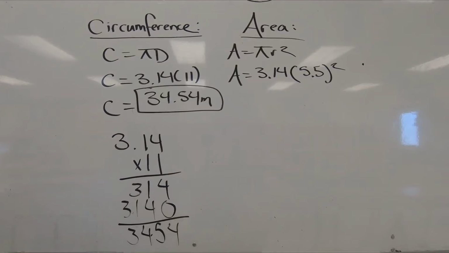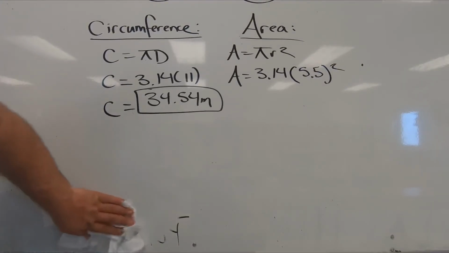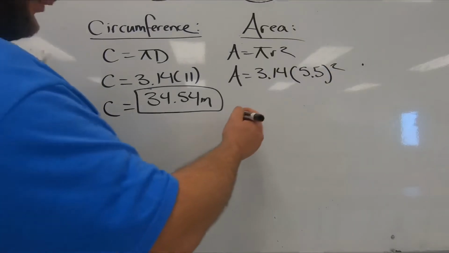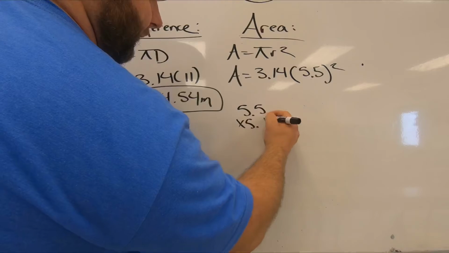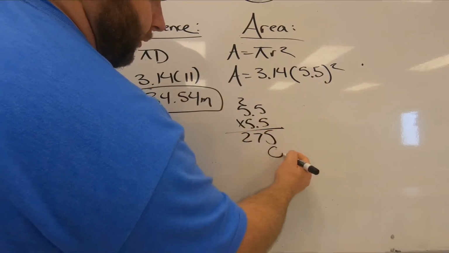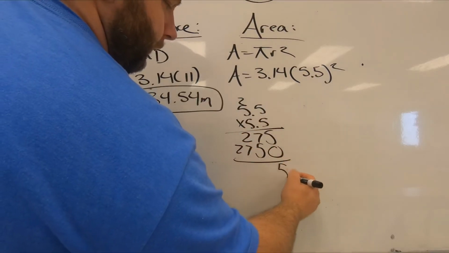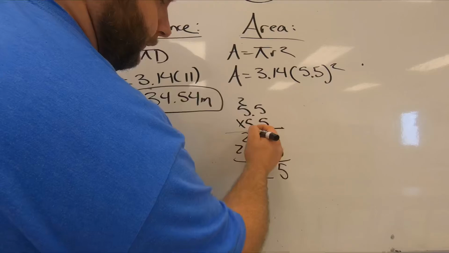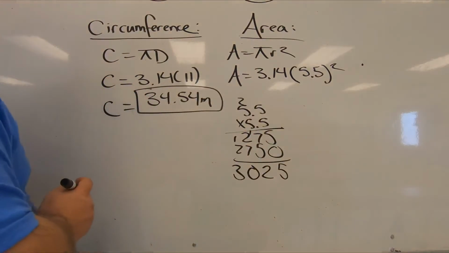Now, if we go over to the area side, we have one extra step. We need to square our radius first. So we need to do 5.5 times 5.5 in order to get our answer here. And that gives us 30.25.